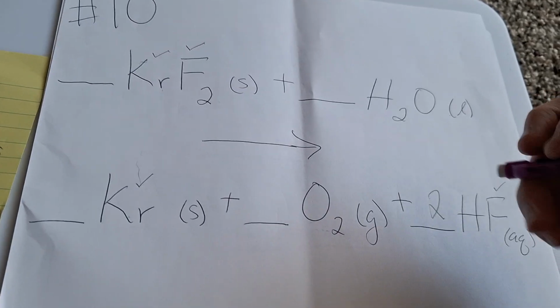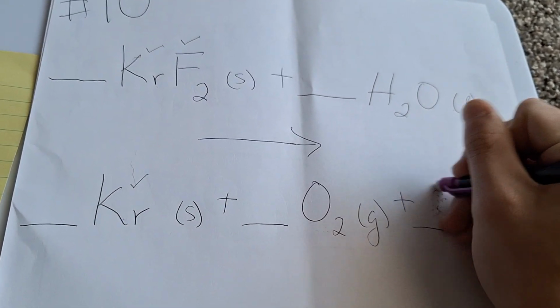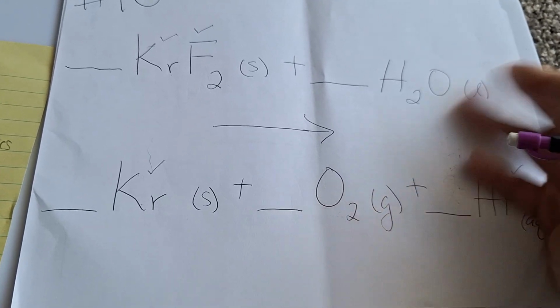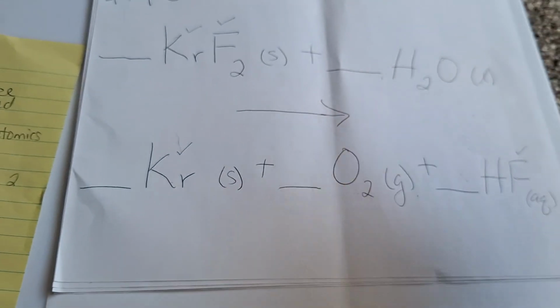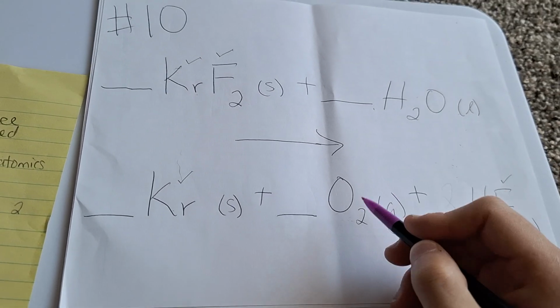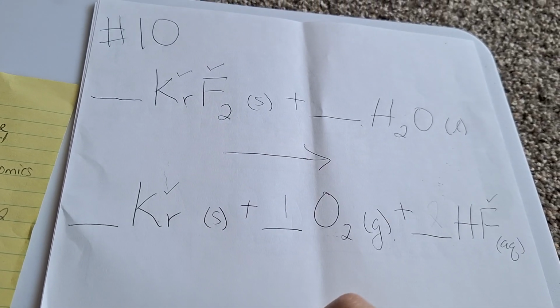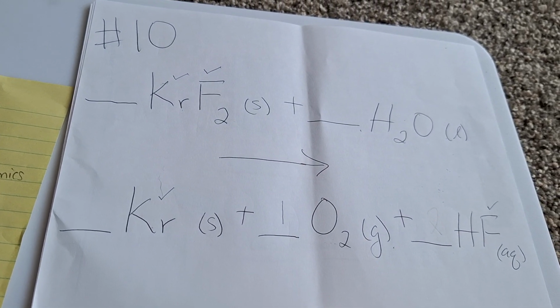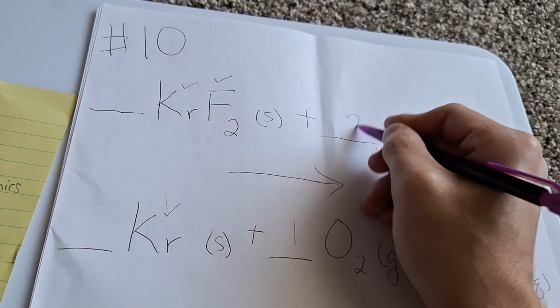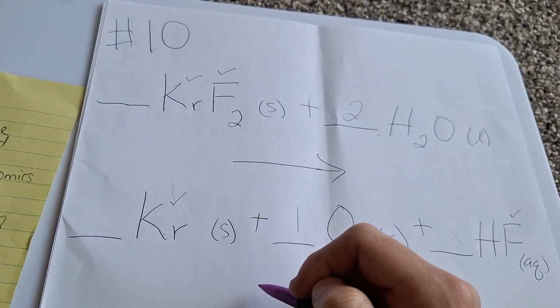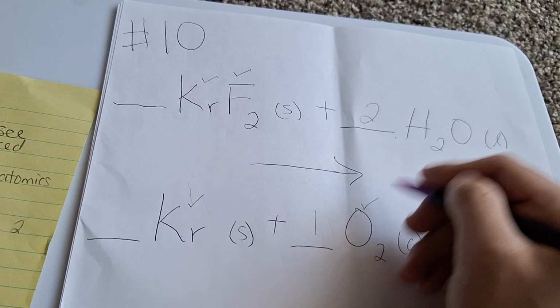So this 2 doesn't work. So if there's 2 oxygen here, if we leave this at a 1, then that means we have to put a 2 here. So now the oxygen's balanced.